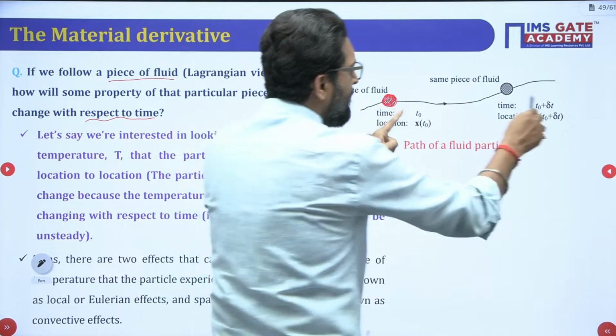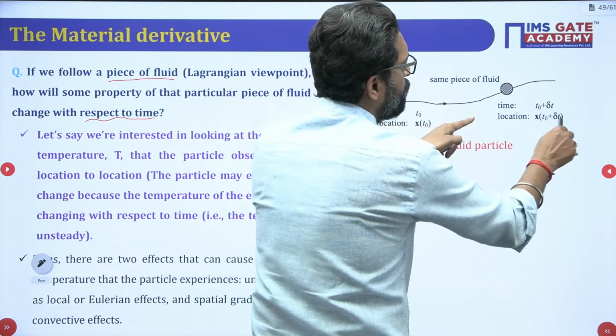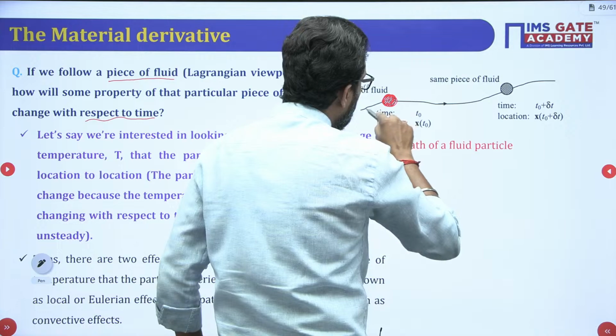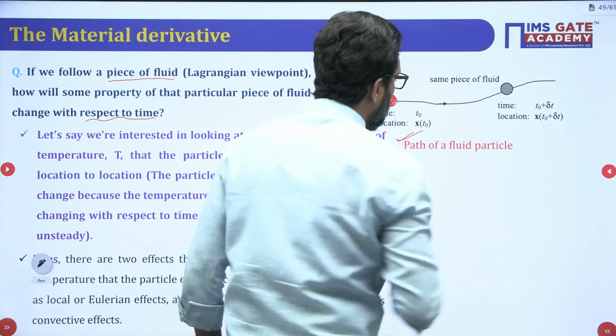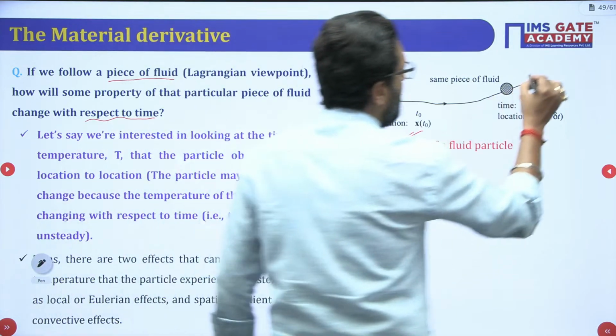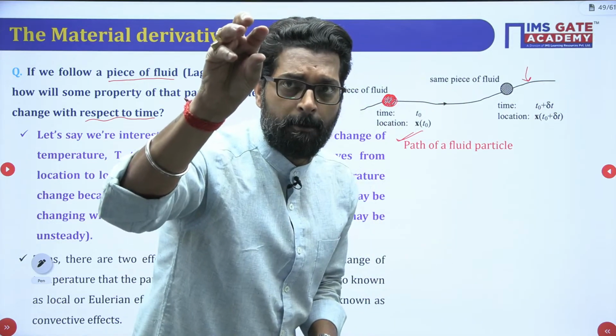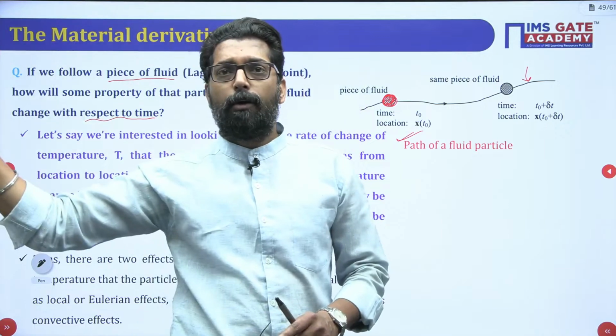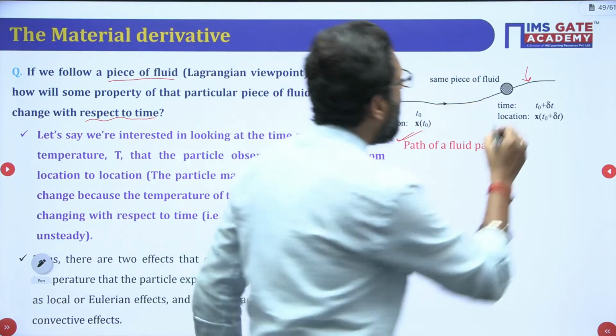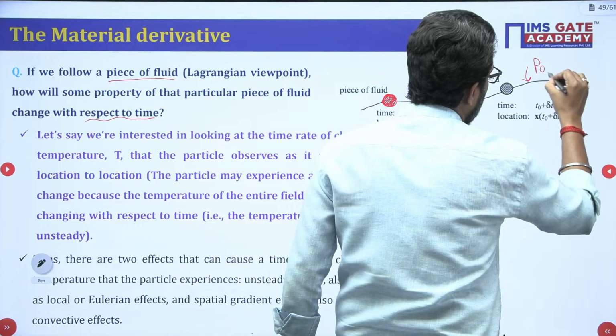Now after some time t plus delta t, the location is changed, and you have to track it. If you draw this line, that is your path line. Tracking an individual particle and seeing the locus of that particle is your path line.